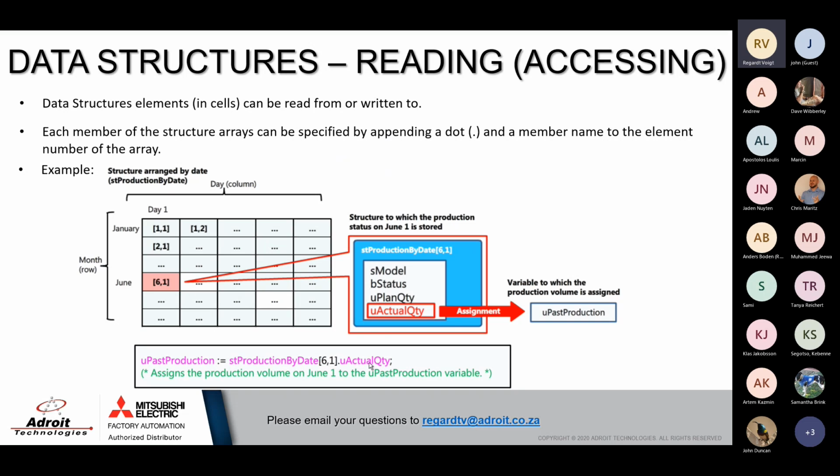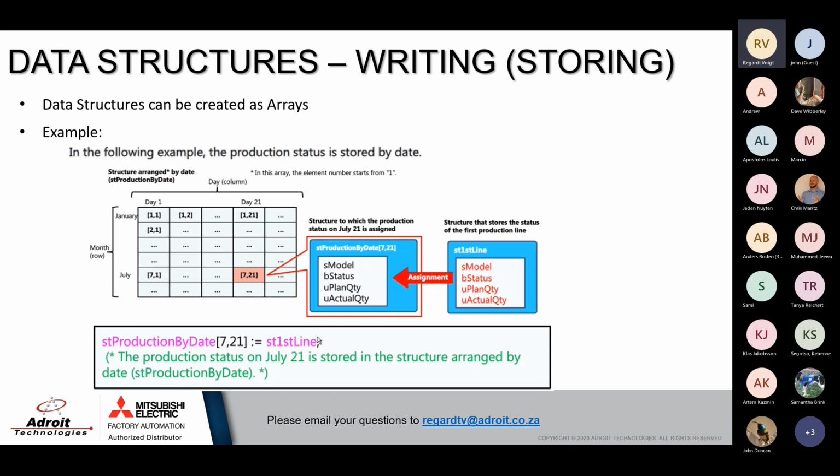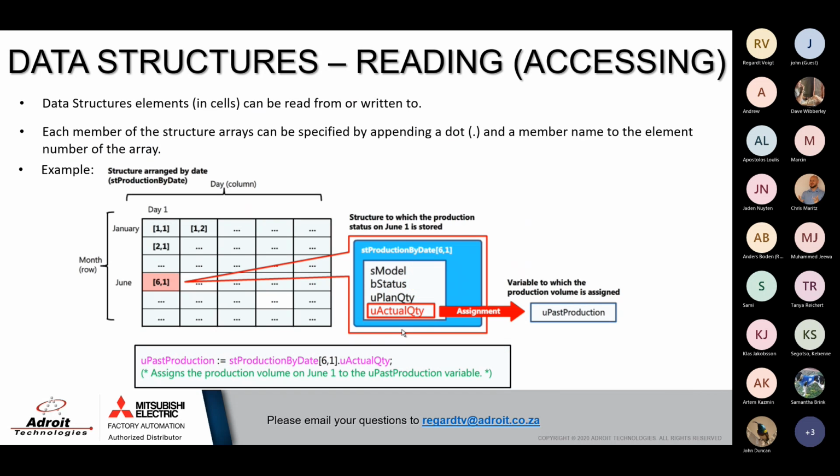So you want to read the value that was produced on the 1st of June, for instance. Then you can read the value, and it will be stored into a new past production variable in your global variables. So that's one example of what can be done.